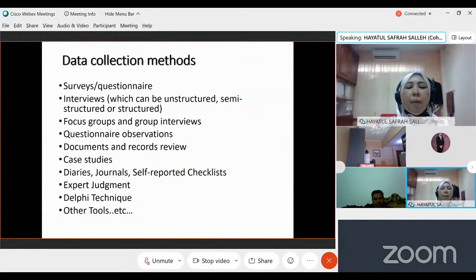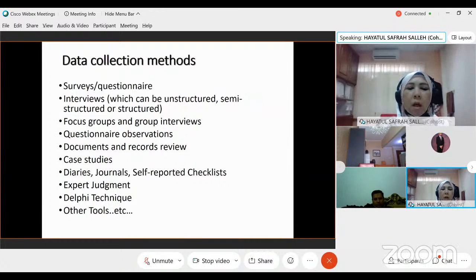So for example, diaries and self-reported checklists are sometimes reliable for the researcher if, for example, they want to study how people or how kids eat junk food, for a week, for a month.